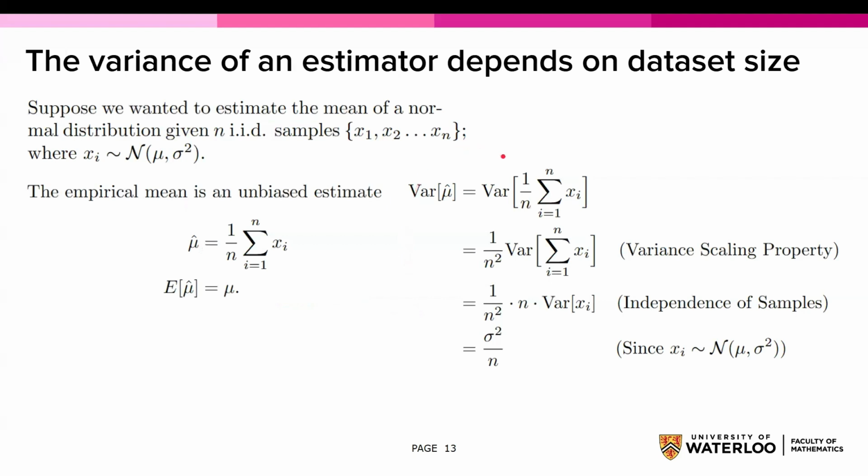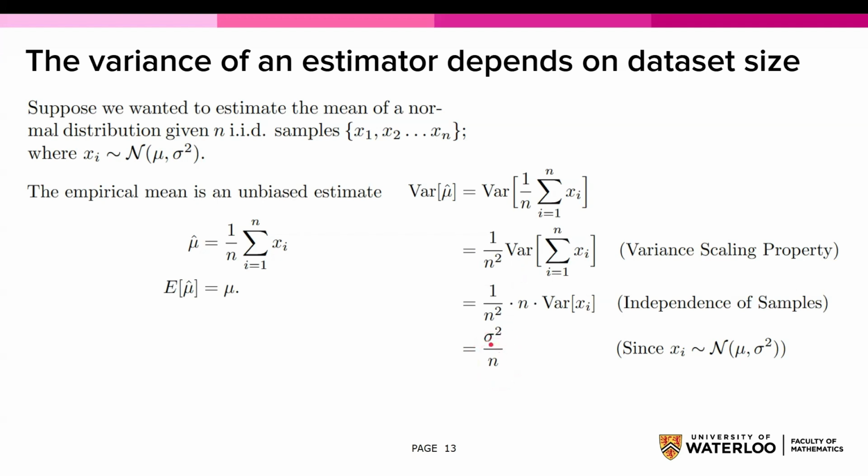Now we can talk about the variance of this estimator. The variance of mu hat tells us how much our estimate is likely to fluctuate around the true mean across different sample sets. Using some properties of variance, we can figure out what this actually looks like. Due to the scaling property of variance, the variance of a scaled average like this ends up being the variance of each individual sample, sigma squared, divided by the number of samples.